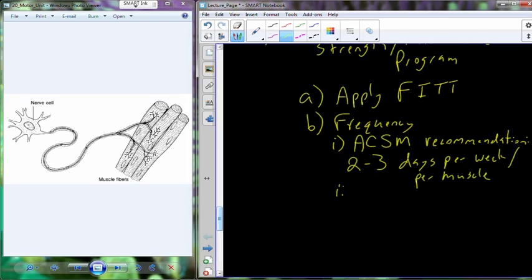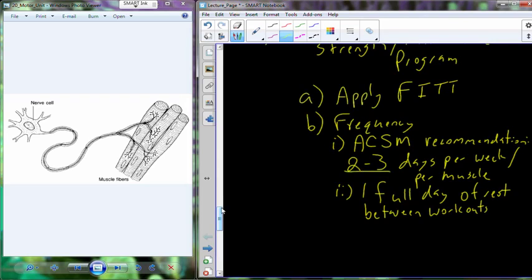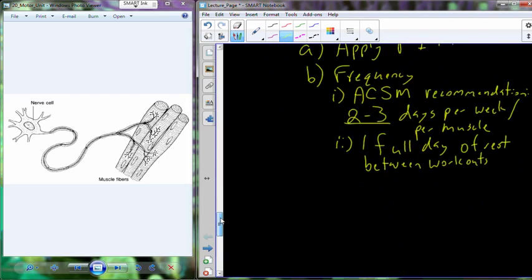So 2 to 3 days per week, and then follow that workout with 1 full day, 24 hours of rest. Now, that doesn't necessarily mean that you do everything in those 2 to 3 days. It just simply means that you're going to use 2 to 3 days per week per muscle.